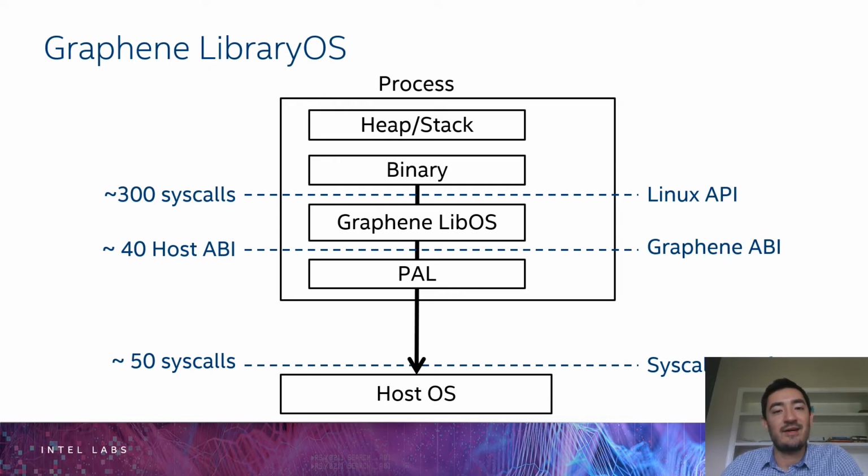As you can see, Graphene currently supports more than 300 system calls, maps them to around 40 PAL ABI functions, and PAL uses around 50 actual system calls to communicate with the host OS. Now, this picture shows the non-SGX version of Graphene. Let us move to the SGX version.